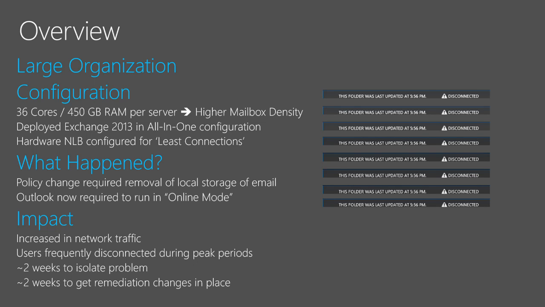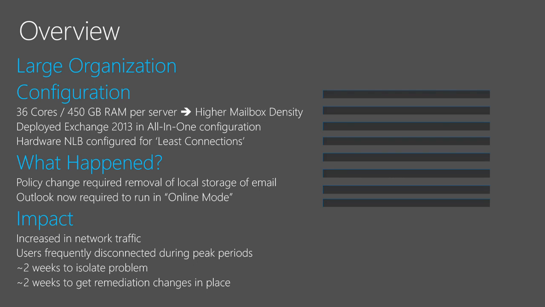All right. So let's get started with our first customer. And this customer decided to deploy Exchange 2013 with 36 cores, 450 gigs of RAM per server. It roughly matched the server profile of the rest of the servers in their organization that they're using for virtualization.